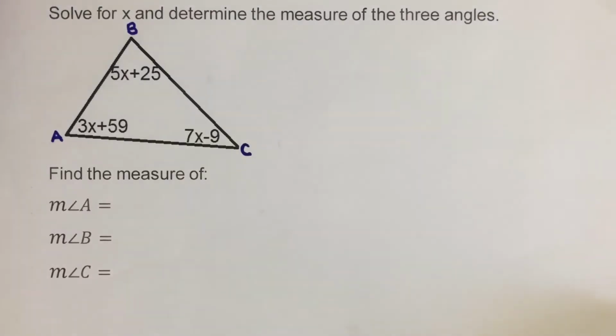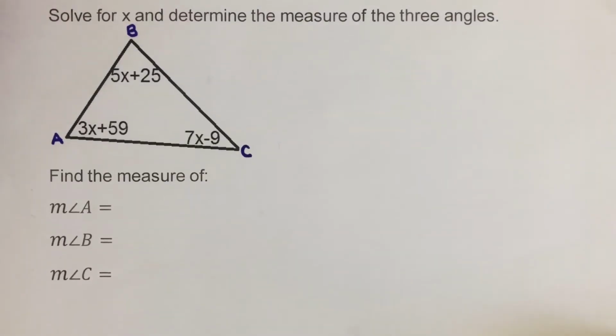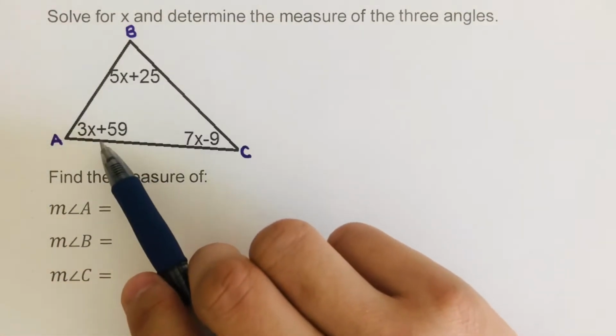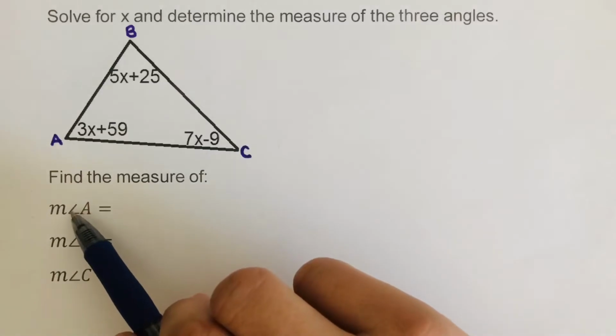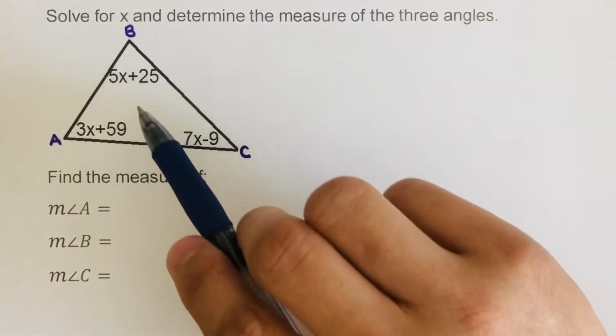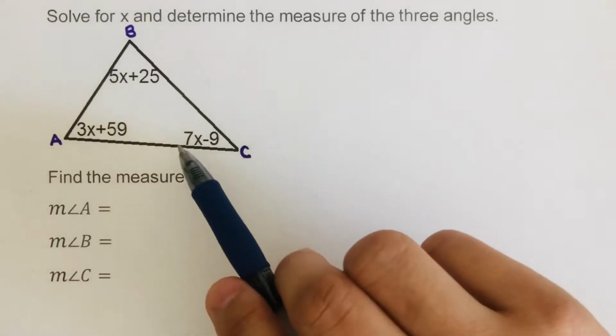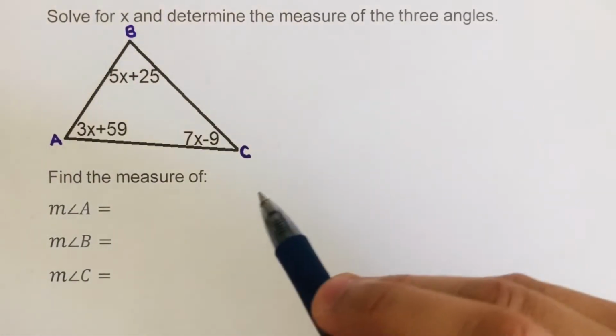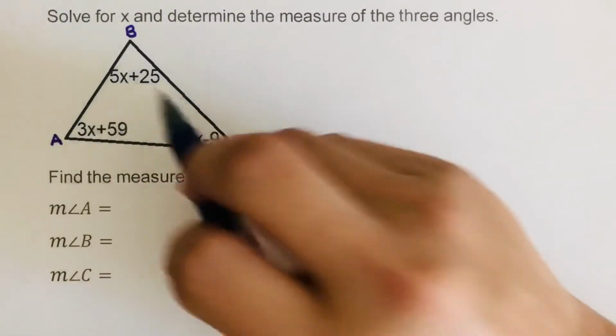We're given this triangle ABC, and we are supposed to find the measures of angles A, B, and C. As you can see here, they are not numbers, but instead they are expressions. So how do we find the measures of each angle? It's pretty much the same thing. We are going to set the equation up, add them all up, equals 180.